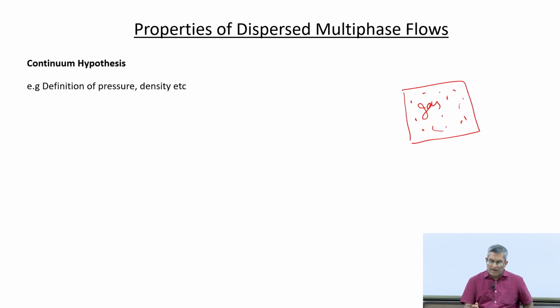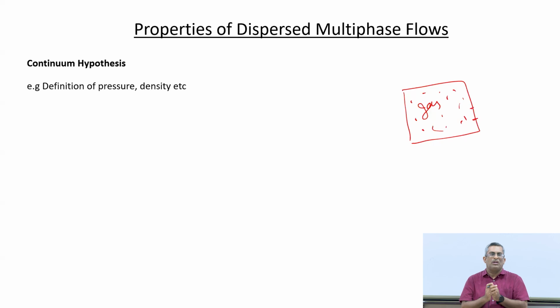Now if I consider some area here, and I ask what is pressure, again, this is the momentum transferred by the molecules when they hit the wall of the chamber.